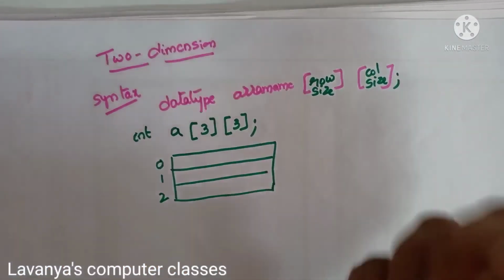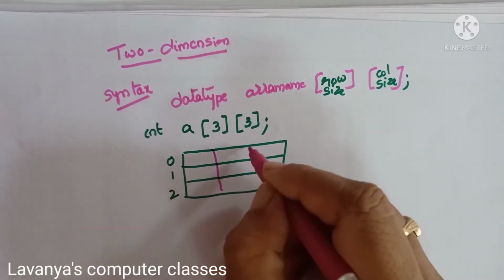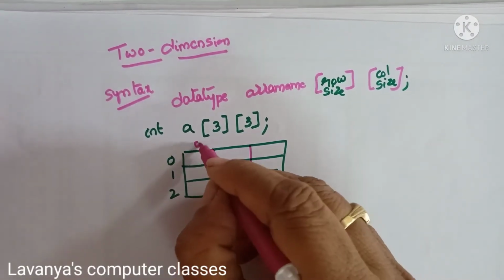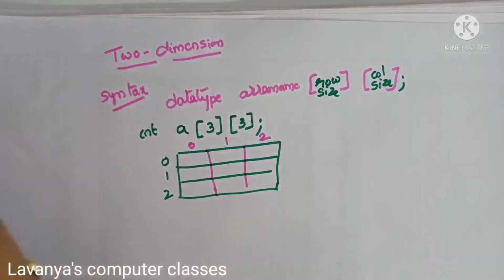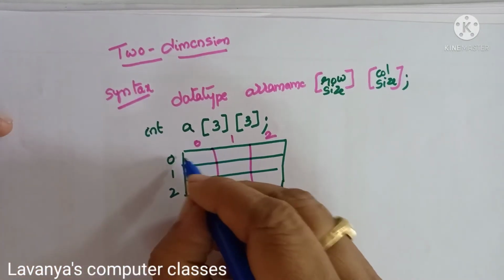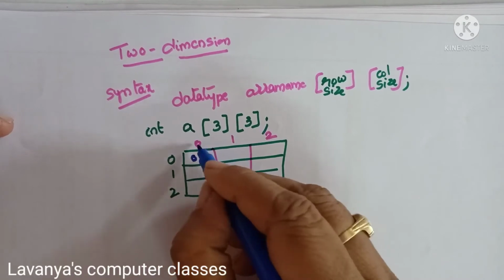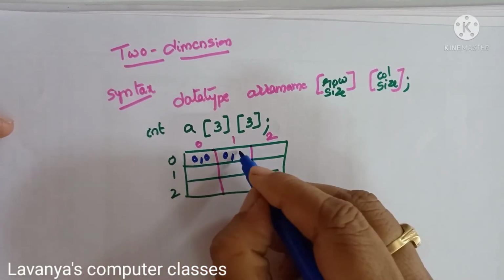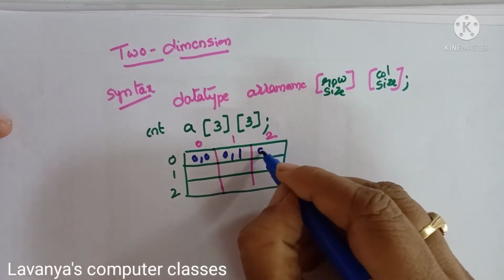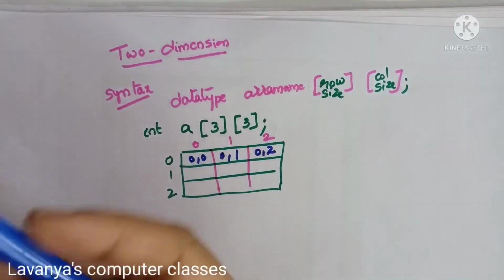And columns also. How many columns? 3 columns. Those also start with 0: 0th column, first column, second column. So this is the place of this one: 0th row, 0th column. This is 0th row, first column. It is 0th row, second column.